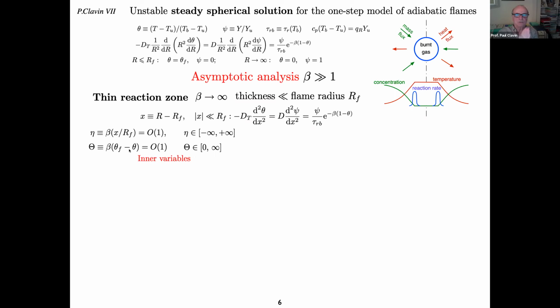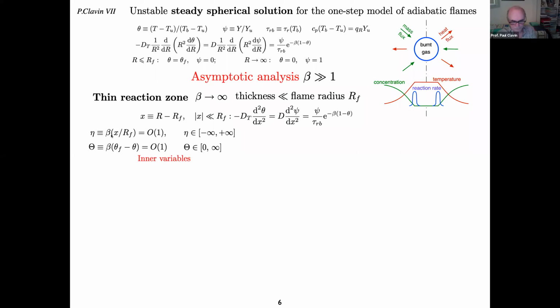We are assuming that we are working in such a way that this reduced flame temperature is of order unity inside the reaction zone, and the space varies like the radius of the flame divided by beta. As in the planar case, this is the flame thickness divided by beta. Here it is the radius.